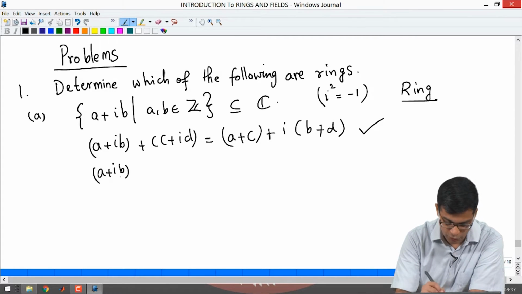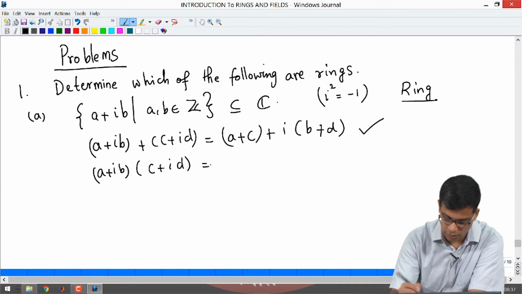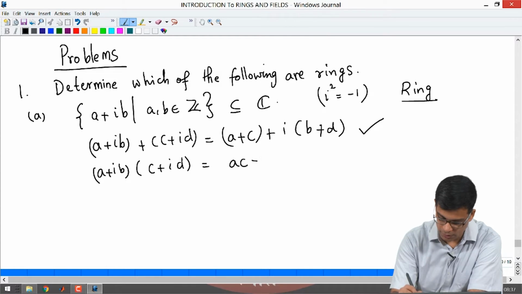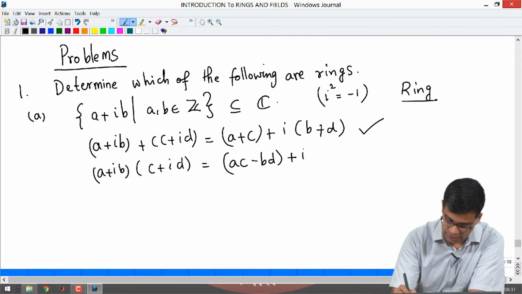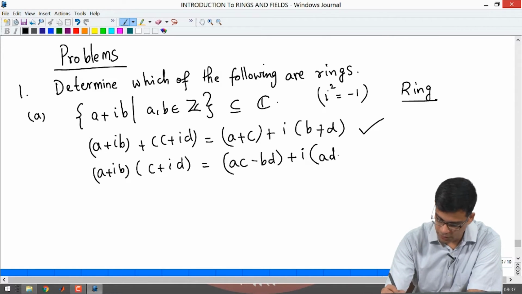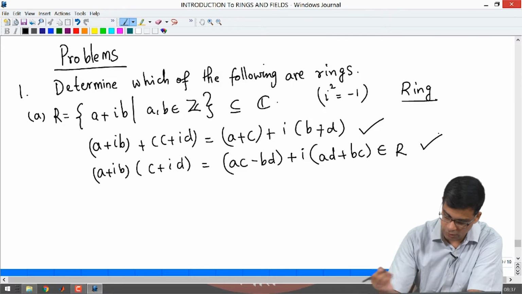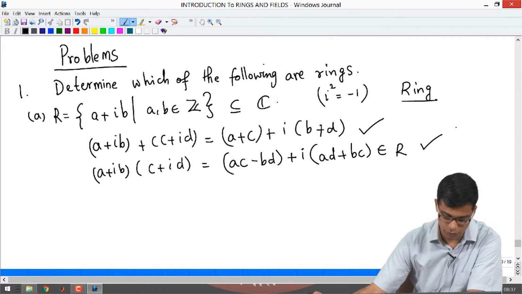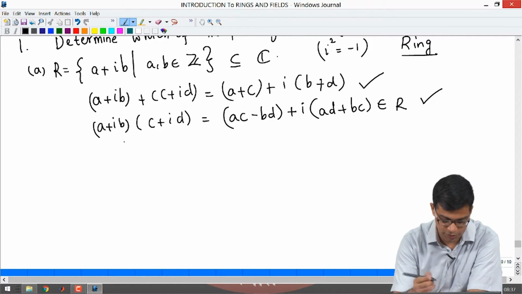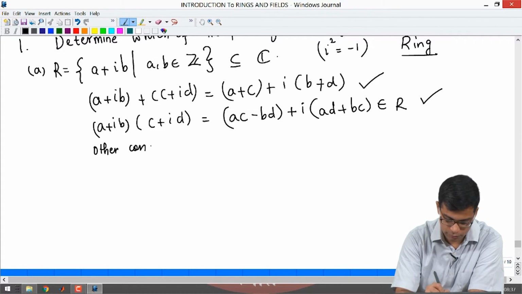More interestingly, if you take the product of any arbitrary elements, you get ac minus bd plus i times ad plus bc. So, this is also in this set, if you call this R. I will let you check the other conditions. Other conditions are easy to check also.